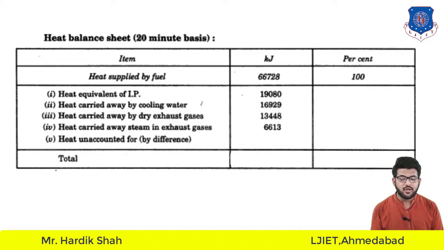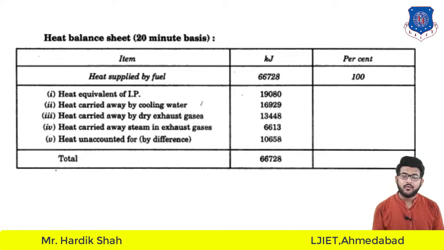So we sum 19080, 16929, 13448 and 6613, and subtract it from 66728. Our answer will be 10658, that is our unaccounted losses due to radiation, convection and other parts. So the total of this heat utilization will be exactly the same as 66728, the same as the heat supply.